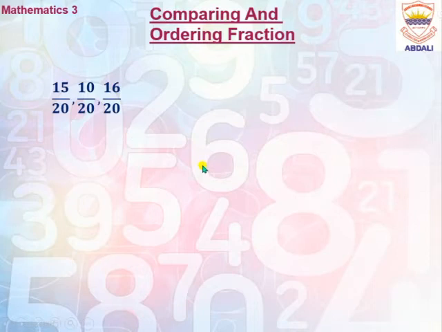But as in your question, we have to arrange the fractions from greatest to smallest. So our second step is to compare the values of the numerators. Which value is greater from all these numerators? Yeah, very good. 16 is the greatest numerator.